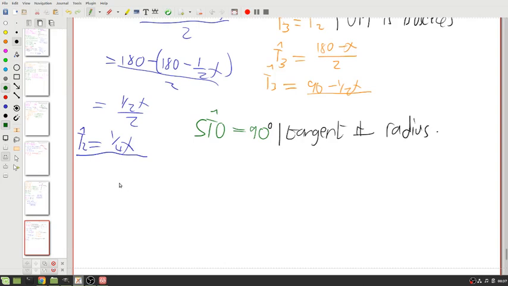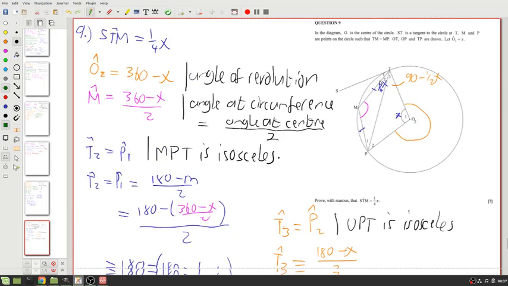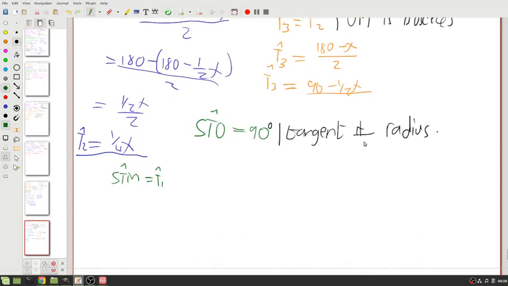Now we want to calculate T1. So STM, which is what we want, equals angle T1, that little part. But we know STO equals 90. So T1 equals STO minus T2 minus T3.